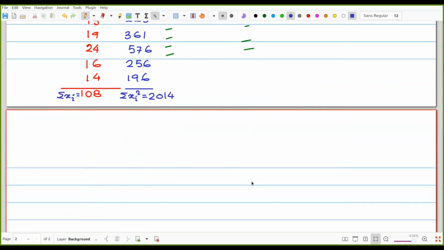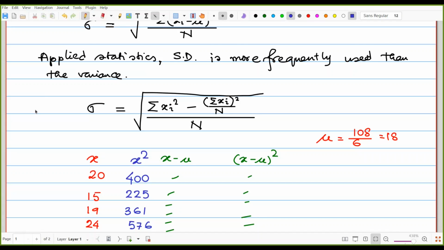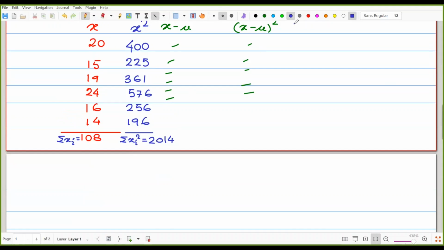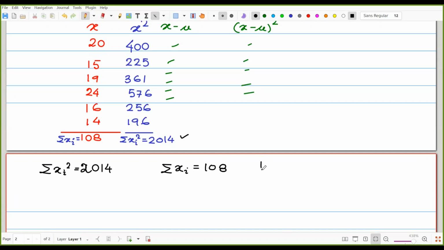After that, we are using that formula, that means whatever we use in applied statistics. So we may write here that summation of xi square is equal to 2014, summation of xi is equal to 108. Total number of observations: 1, 2, 3, 4, 5, 6.